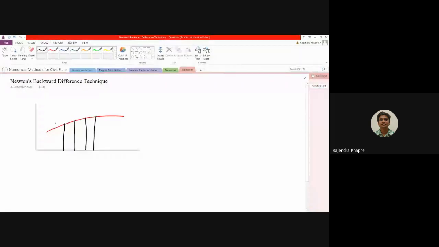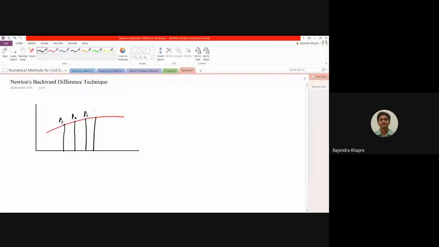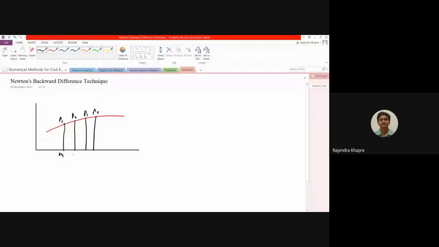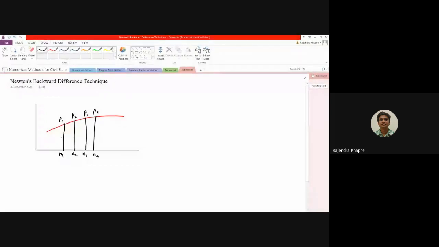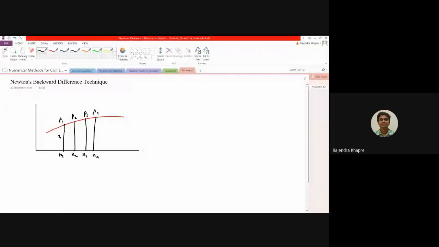So we have, let us say, this is p1, p2, p3, p4. Accordingly we have x1, x2, x3, x4, and these vertical lines are nothing but your y1, y2, y3, and y4. This will be your x-axis, this will be your y-axis.